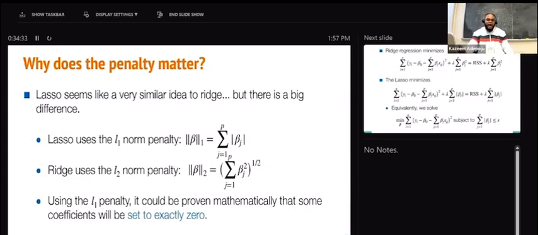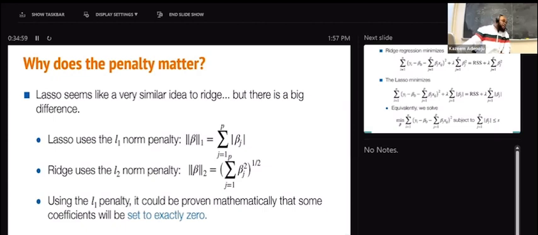Now, why does the penalty matter? I'm talking about the lasso and the ridge. You see what the lasso is using? The absolute value. While the ridge is using the summation of the squares. So they are not the same. The lasso one is L1, the ridge one is L2.